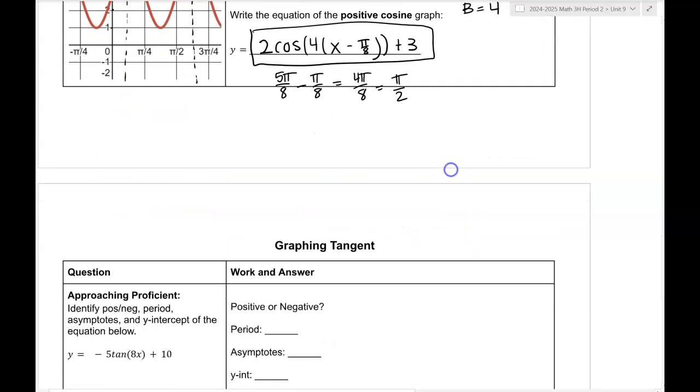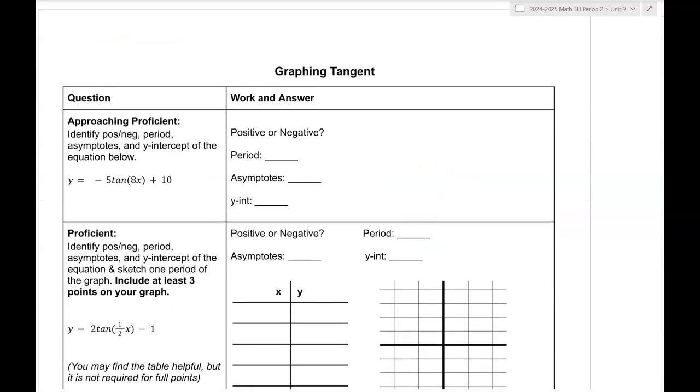All right, our last section is graphing tangent. So we want to look at our values here. Our period is going to be pi over b. So this is our b. So pi over 8. Doesn't reduce in any way.